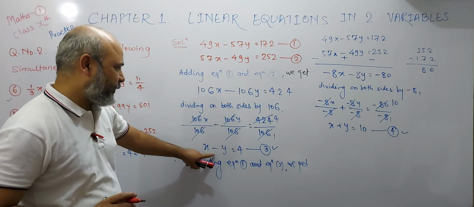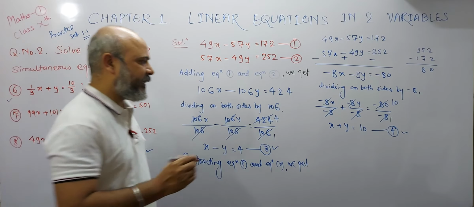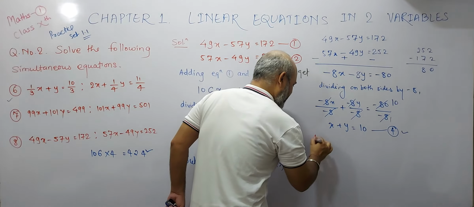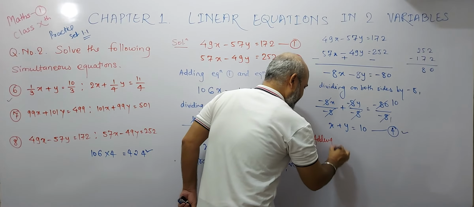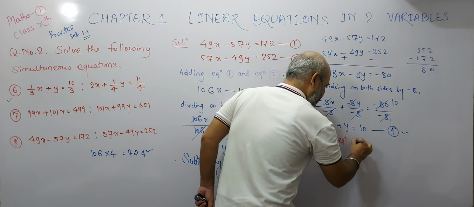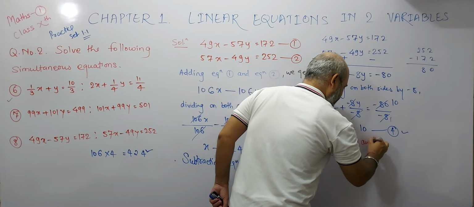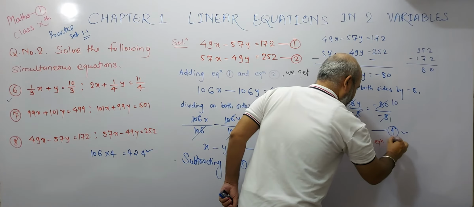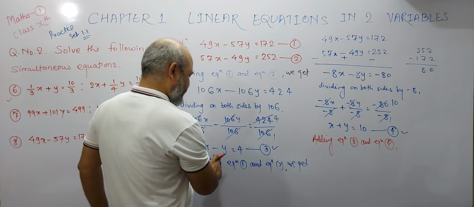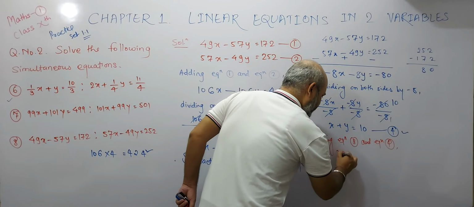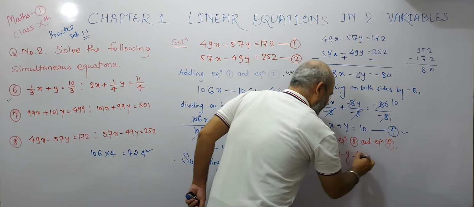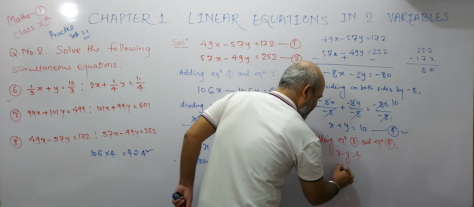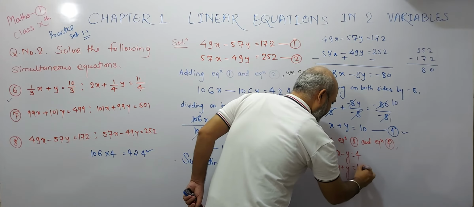So what you can do, you will add equation 3 and equation 4. Equation 3 is x minus y is equal to 4, and equation 4 is x plus y is equal to 10.